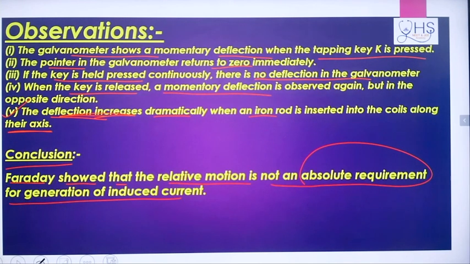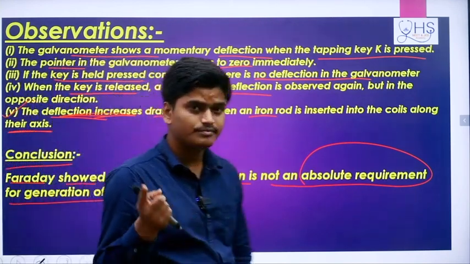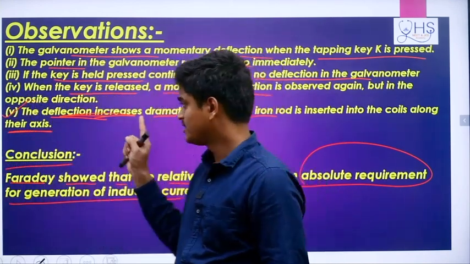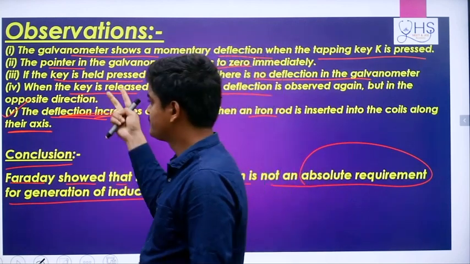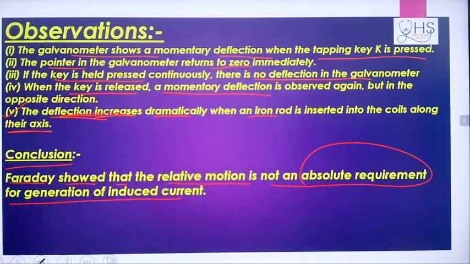So this is all about the theoretical knowledge of Faraday's and Henry's experiments. For all 3 experiments you must write the experimental setup with the picture, then 2 observations and 1 conclusion. For this last one you have 5 observations, you can write that, no worries. I hope you understand, so please make a note of it.